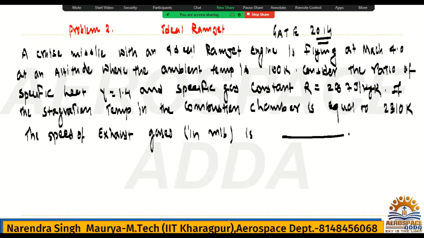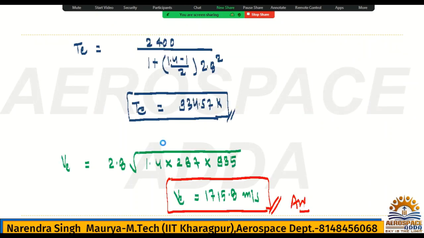They have given the condition of an ideal ramjet engine flying at Mach number 4.0, and ambient temperature condition they have given 100 Kelvin, gamma value they have given to us, R value they have given to us, stagnation temperature in the combustion chamber is equal to this temperature they have given to us, speed of exhaust gases, this question and this question.